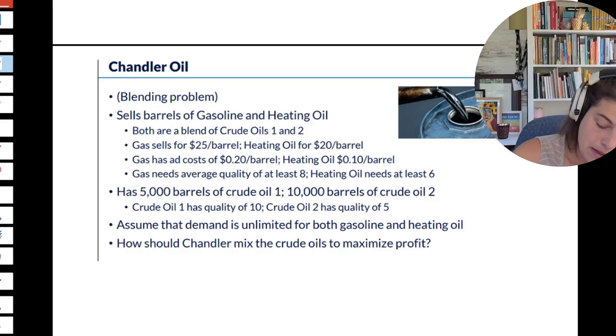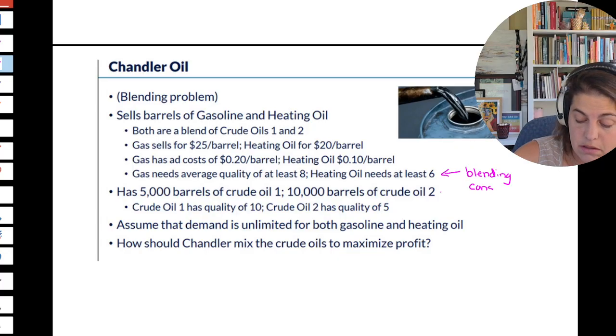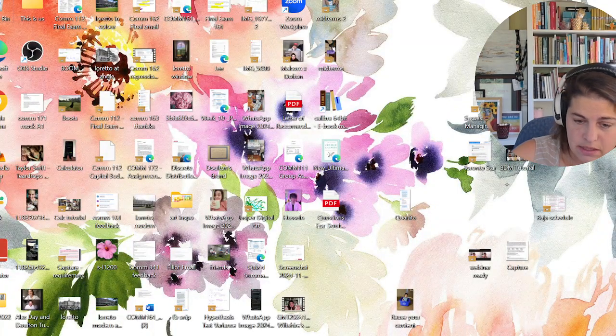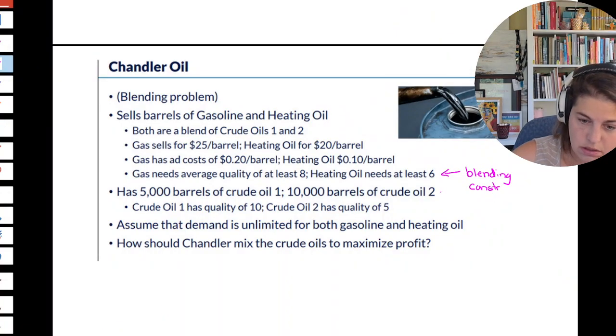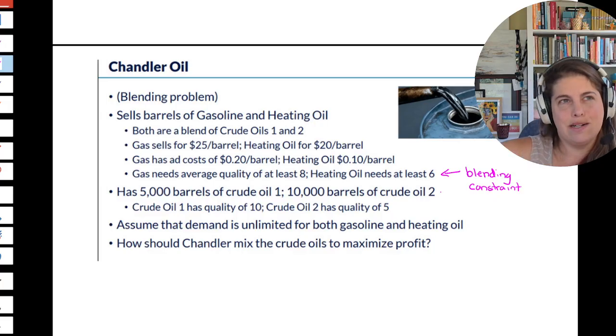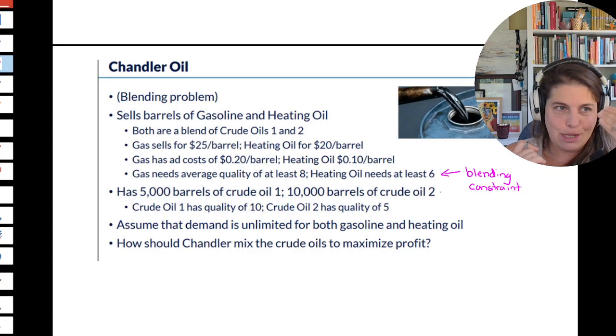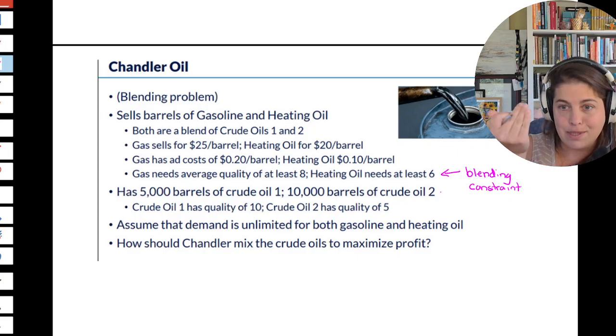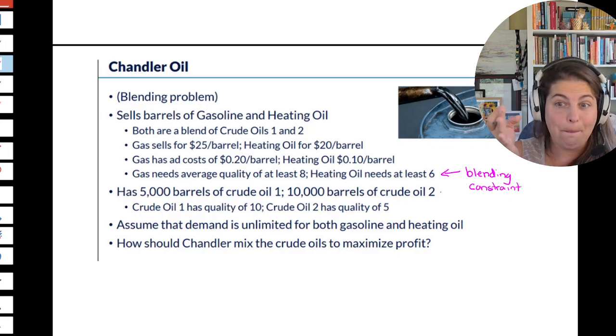And this attribute is what you're going to see me refer to as the blending constraint. Because without this, we are not going to have an interesting problem. If there was no constraint about this quality, or sometimes you'll see like iron content or all kinds of random things, we would just use the cheapest ingredient to make the most expensive product so that we have the highest margin.